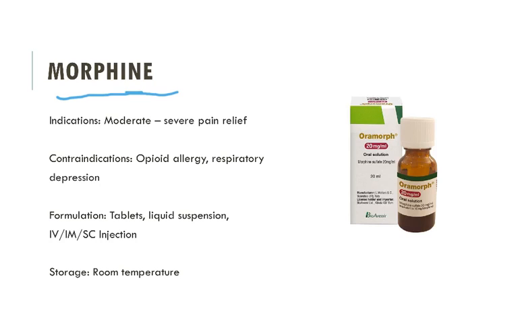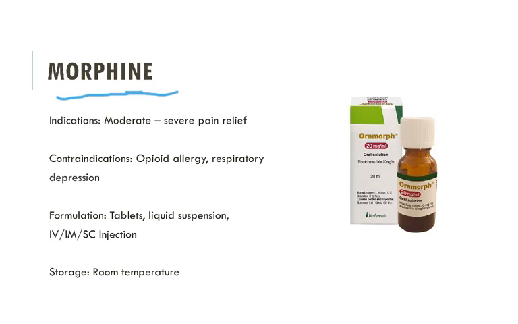Okay, so people will receive morphine for moderate or severe pain relief. You may also come across some patients in palliative care who are on morphine because they're towards the end of life and they may be in a lot of pain.